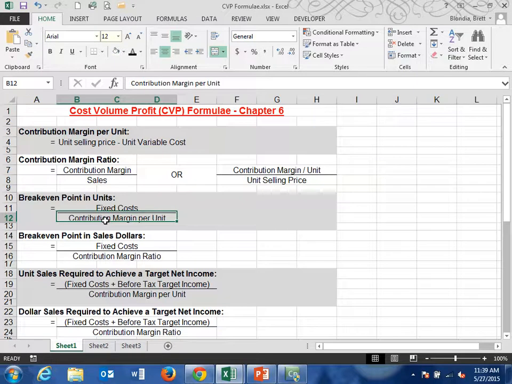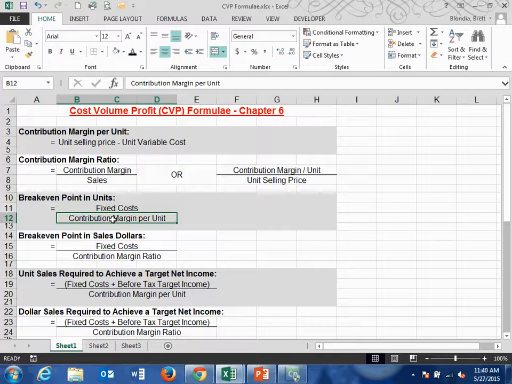Then I would go back to the question and start seeing if the question has given me any of this information. Most times you'll be given the fixed costs, so you'll be able to fill those in. But likely you'll get to this point and need contribution margin per unit and you won't have it.